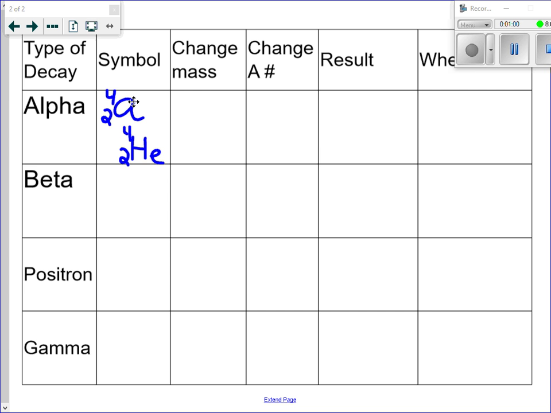What we are going over right now is, if a nucleus is unstable, how does it get to become stable? That's the goal of our lesson today.